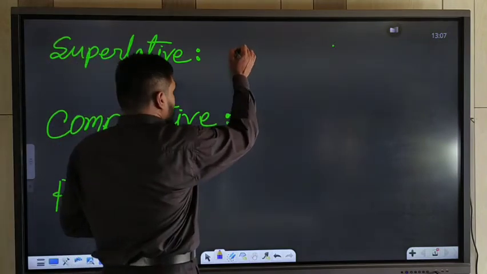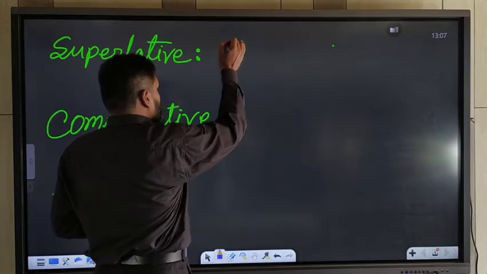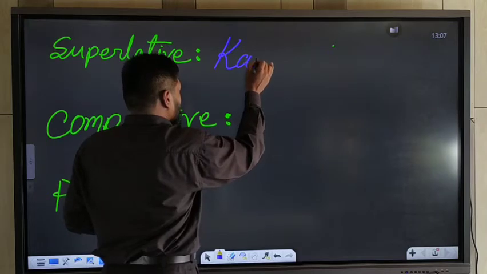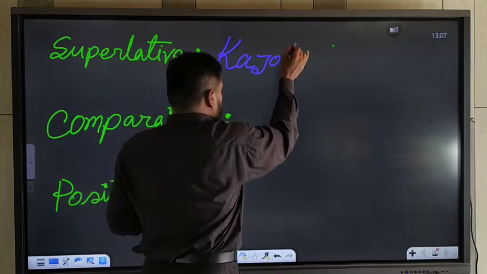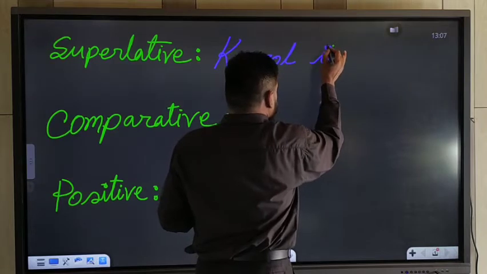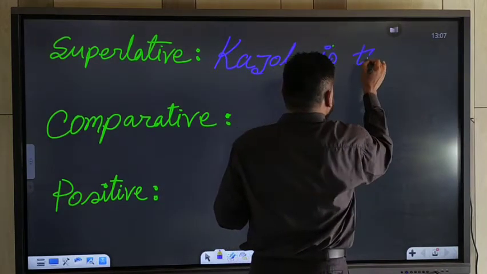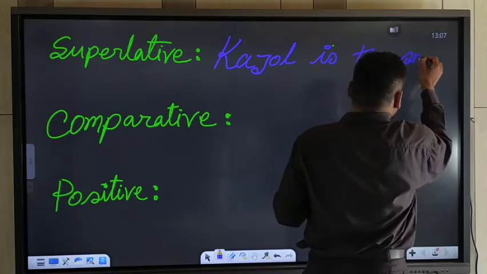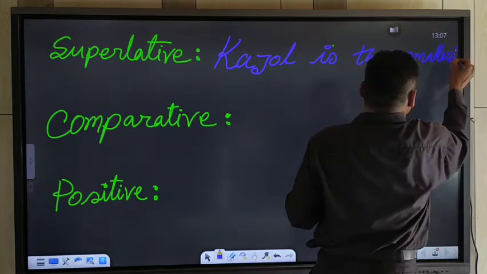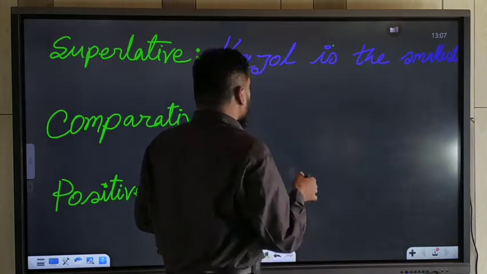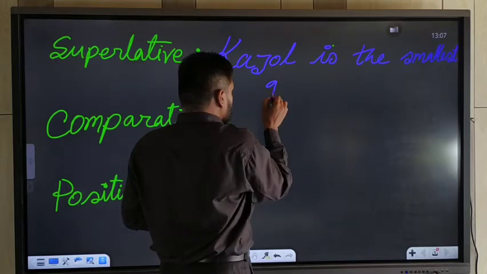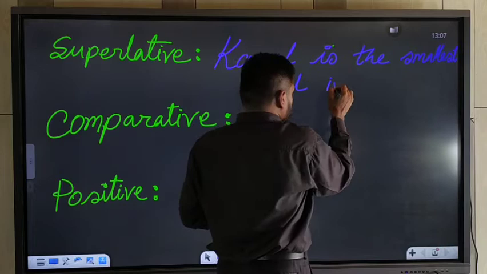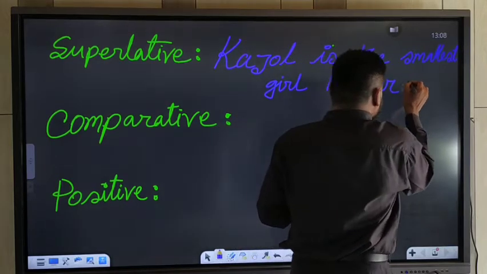So if I write down, Kajol is the smallest girl in our family.